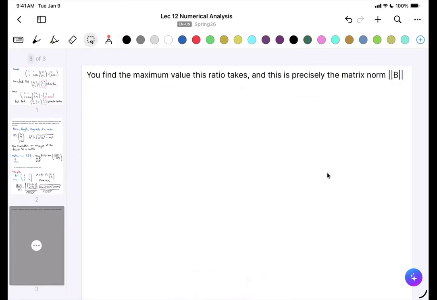How are we doing? Okay, so why does this quantity always have a maximum? So here's a question.